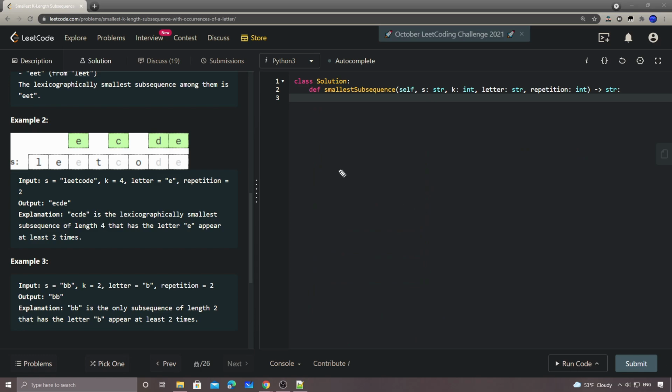So that's one of the conditions we need to check. Sorry, my bad. So we have L, and now we have E. In this case, we can pop L. So the L is gone.